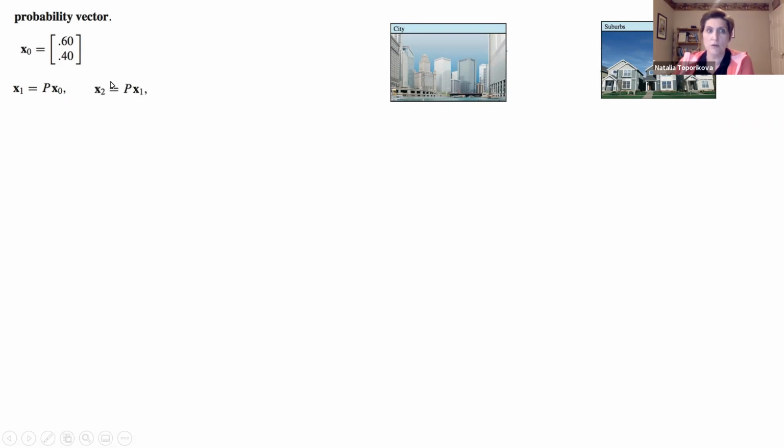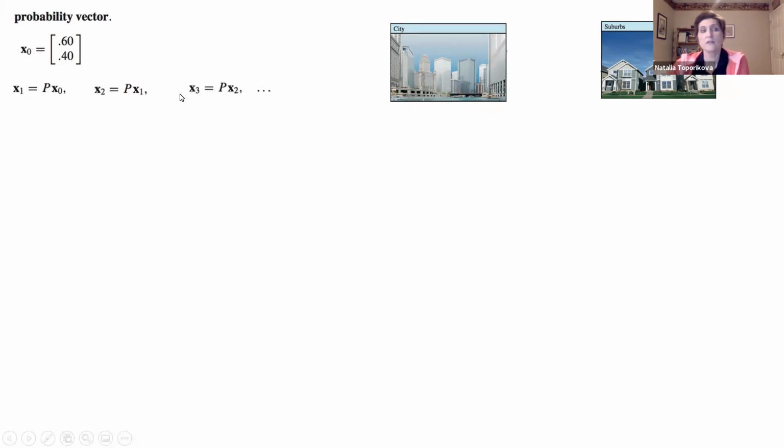We'll talk about the details of this probability matrix. Then we can calculate 2 years from now using the same matrix, multiplied by the new vector found in the previous step. This is what's called a recursive model, when we take the numbers from one step and move them to the next one.